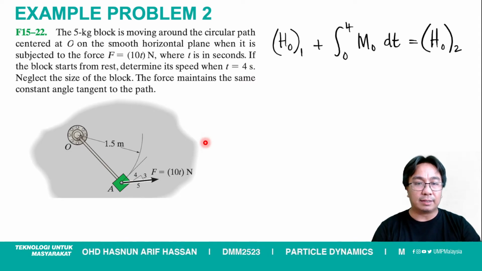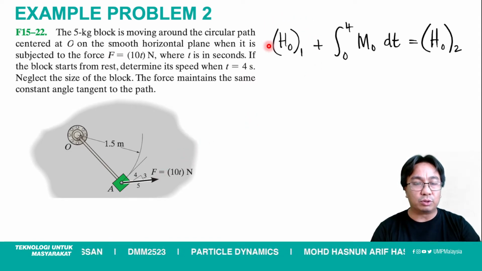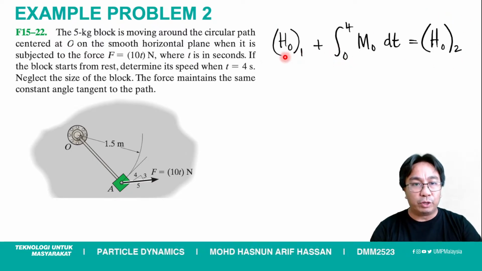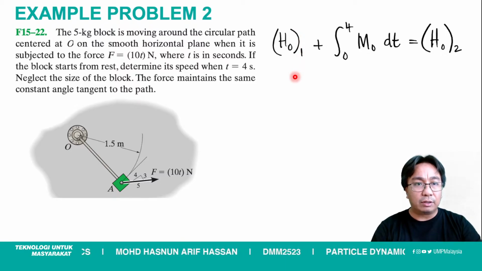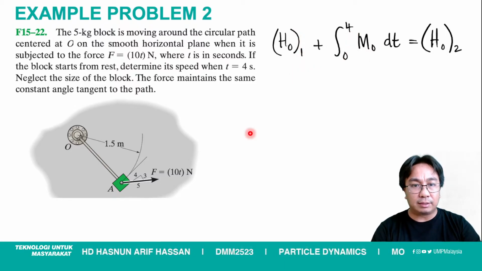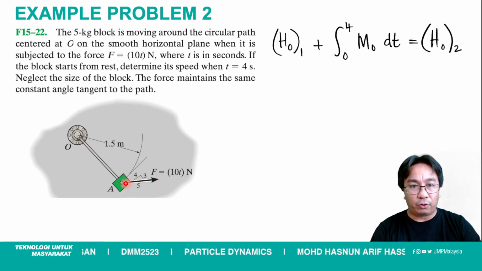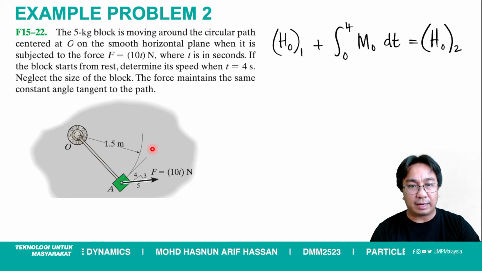Again, this is a rotation problem, so we need to use the principle of angular impulse and momentum. We know HO is mvd, but the moment here is something we need to pay attention to. The force is applied in this direction, but what we are calculating is in the tangential direction.